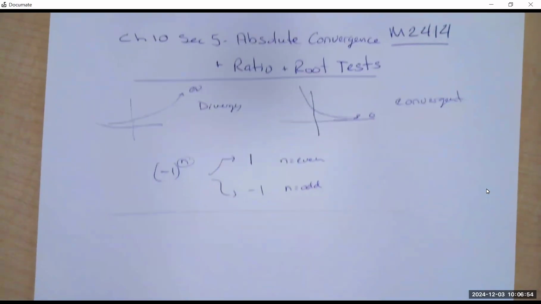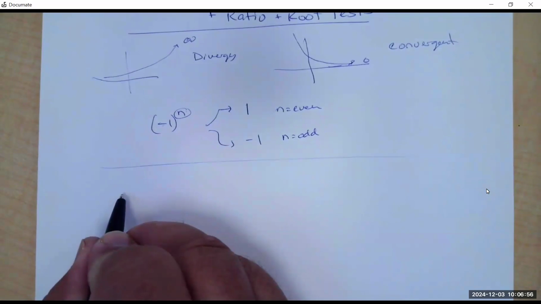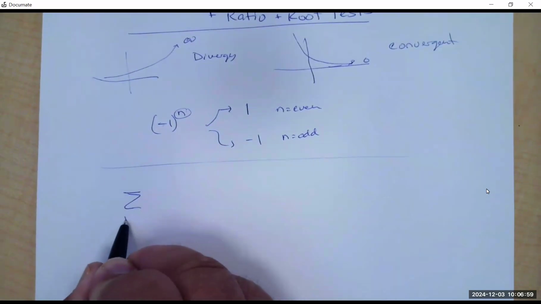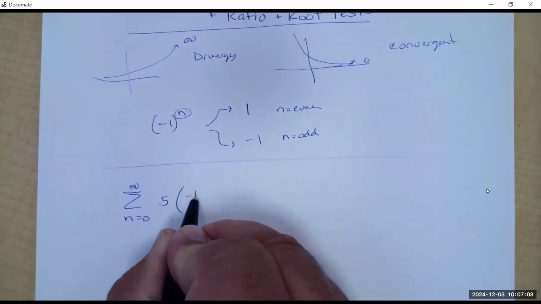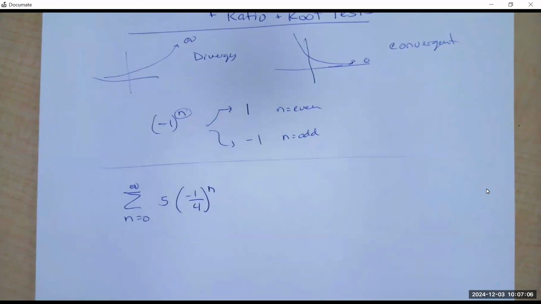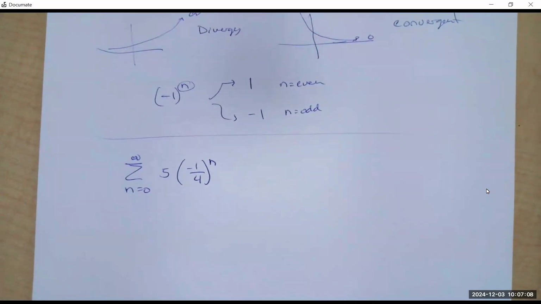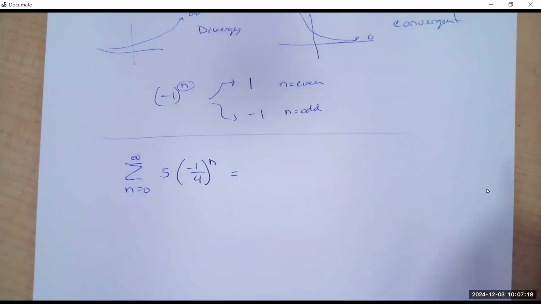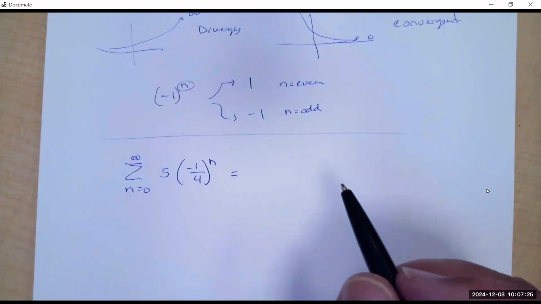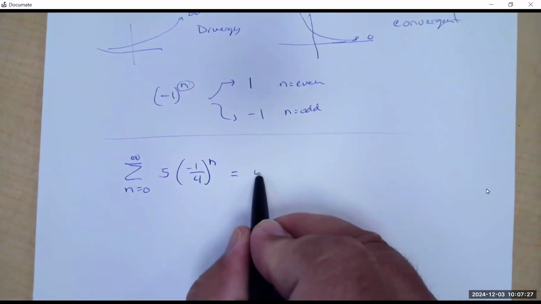For example, the example that they use here is this. Look at the first few terms of that sequence or that series. So what's the first term? Okay, what's the next term?